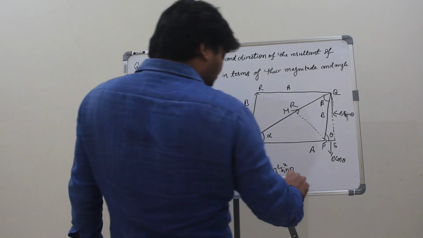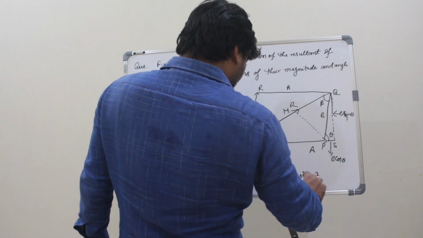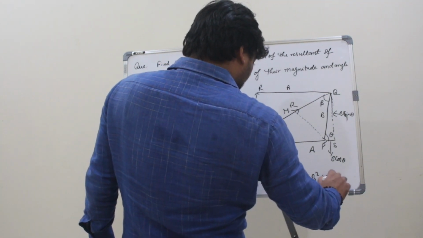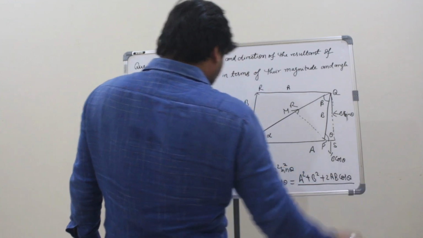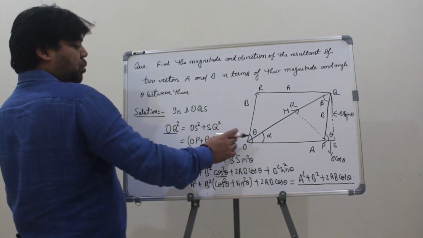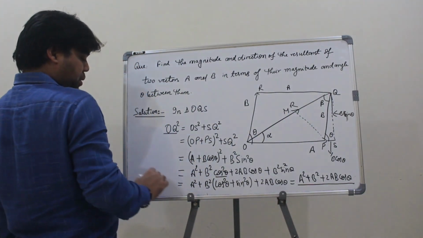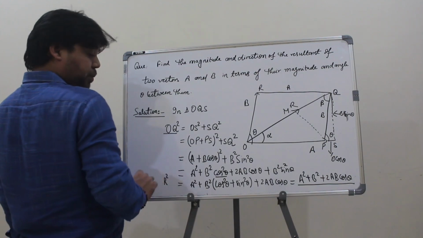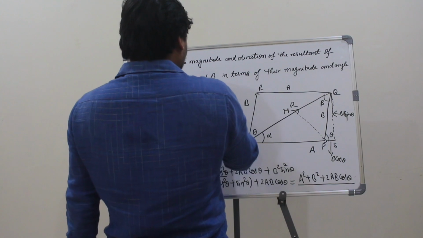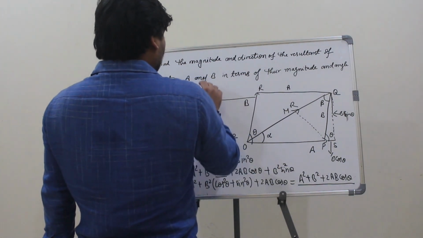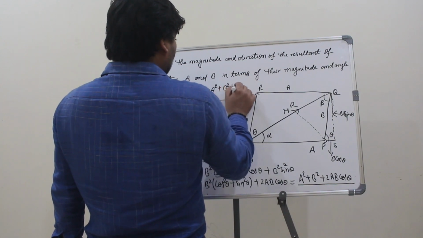So this gives you A square plus B square plus 2AB cos theta. Now what is OQ square? OQ is nothing but R, so this is your R square.